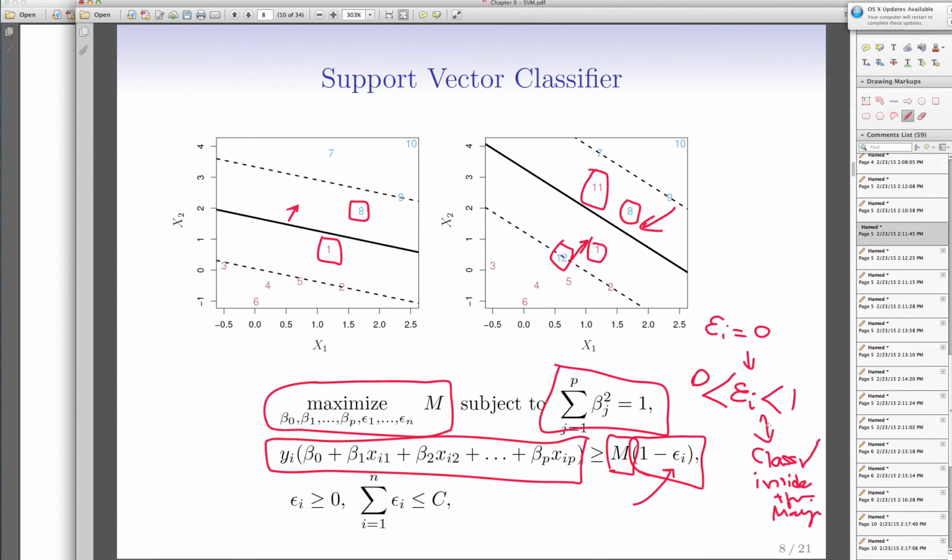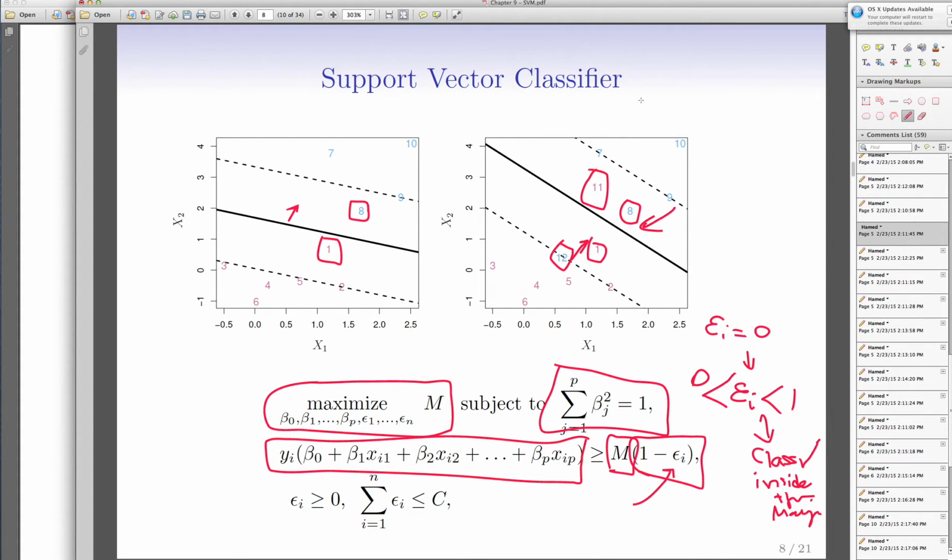For example, 8 and 1 in this example have epsilons that are between 0 and 1. Because if it was 0, then no such margins would be chosen, because you wouldn't let that happen. Now here, epsilon is somewhere between 0 and 1. They're classified okay, because they're on the correct side of classification, but within the margin.